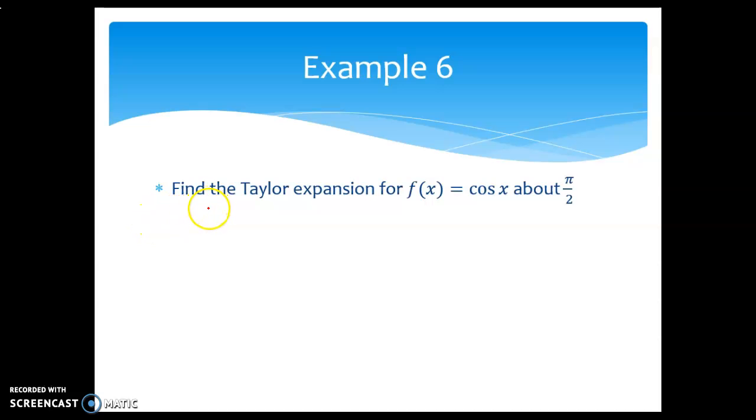So in this problem number 6, we want to find the Taylor expansion for f of x equal to cosine of x about pi over 2.